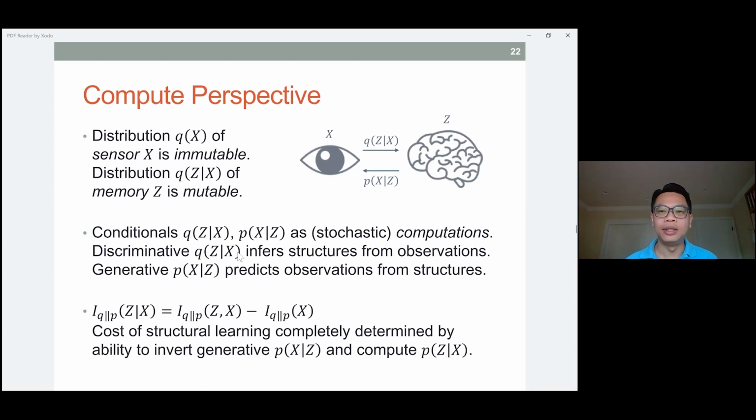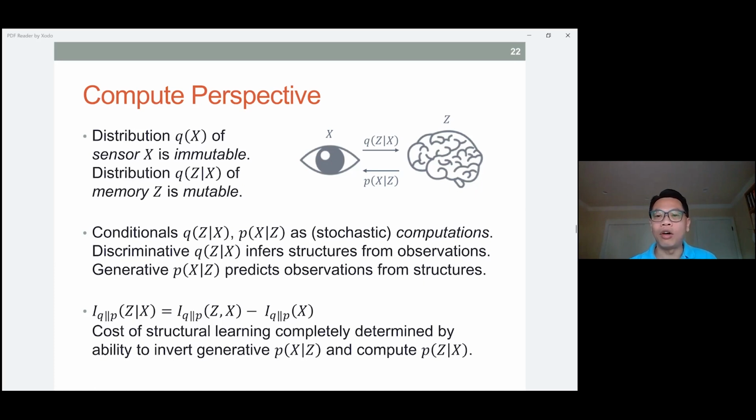So we had this z variable, and we have this x variable, and we're looking at the relative information on z and x. The way I like to think about x is that x is like a sensor. The random variable x is like a sensor, is things that we observe, and the distribution q of x is unchangeable, it's immutable. We cannot do anything to change it.